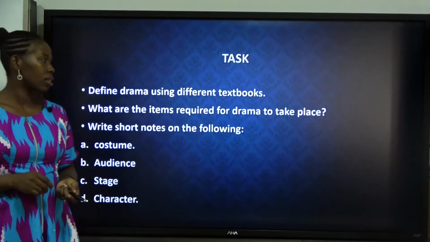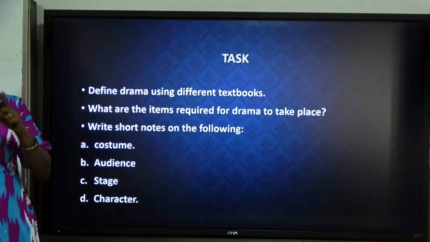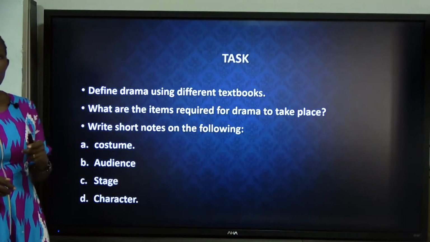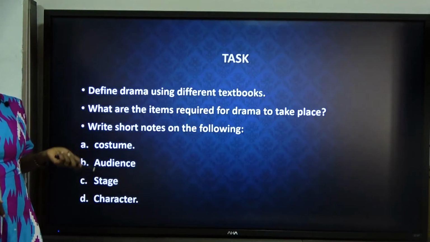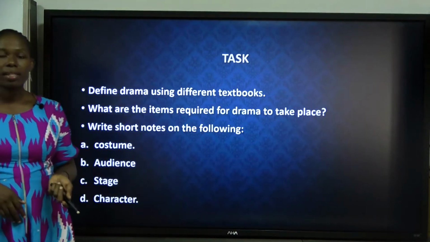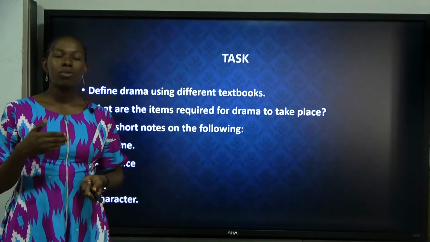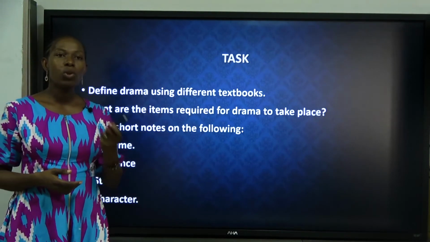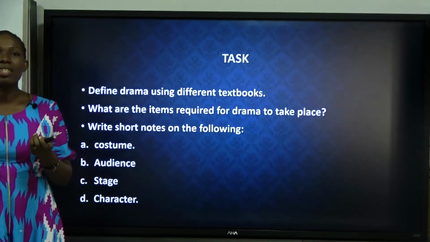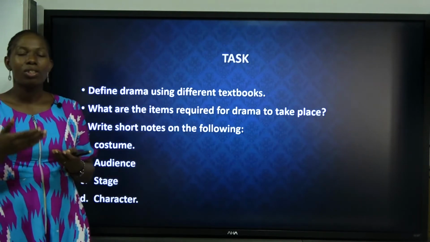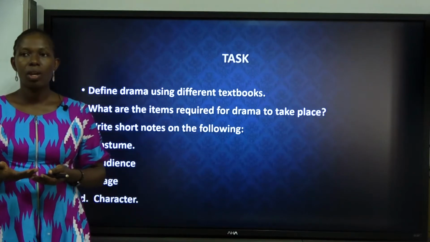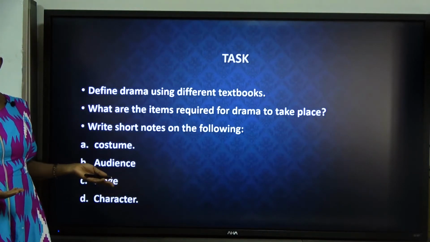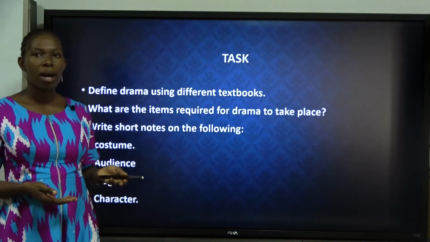That is your task. Then you have to write short notes on the following: costume, audience, stage, and character. I've taken time to explain them one after another. Take time, look for books. I didn't say you should write it with your knowledge. Just find out, make research on these keywords. It will help you to know more about that.